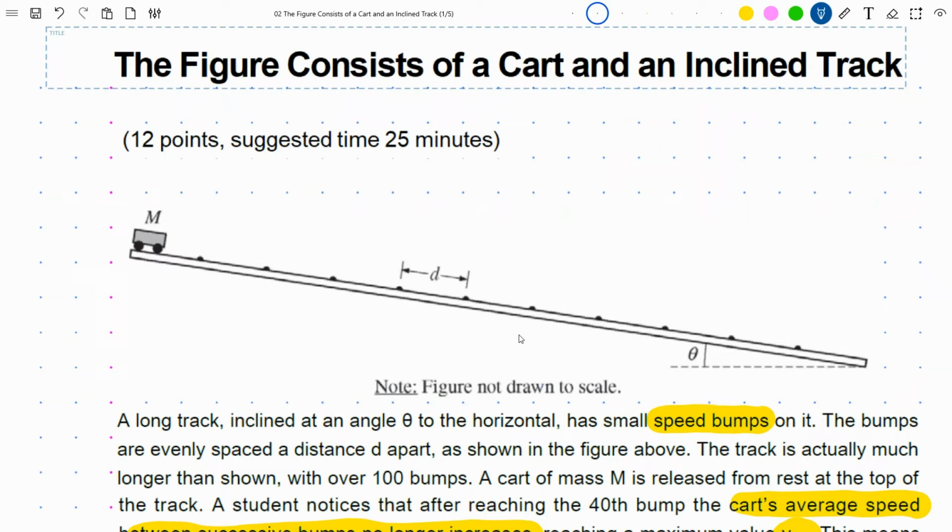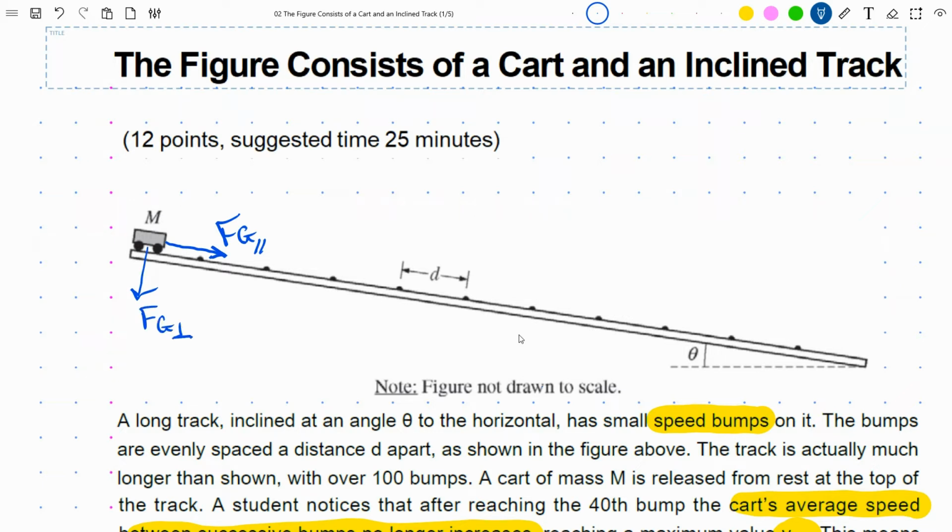For an object, I'll just use the cart, we can visualize the force of gravity as a downward force, but it's often useful to think of it as having components. This is a component of the force of gravity that is parallel to the ramp, which I like to record using the parallel symbol, and another component that is perpendicular. So force of gravity perpendicular.